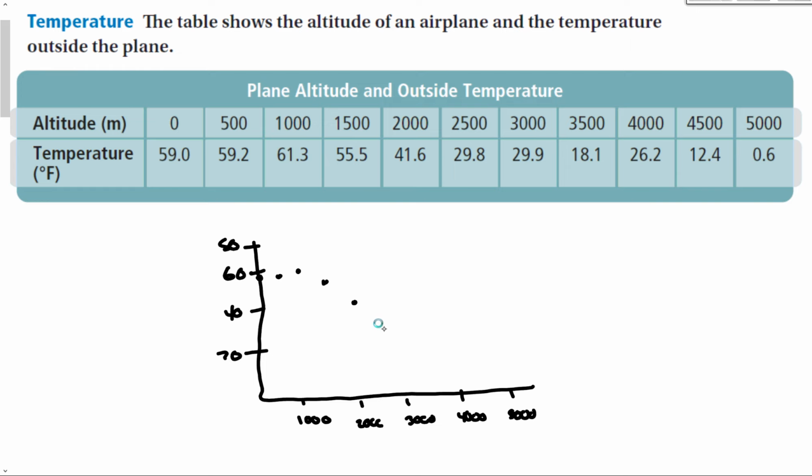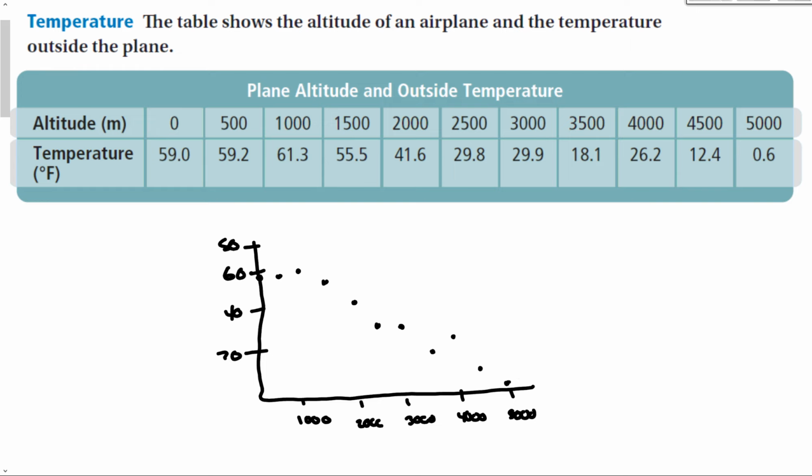That's like halfway. 3,000, we got 29.9 again. Down to 18. At 4,000 feet, we're back up to 26. At 4,500 feet, we're down to 12. And at 5,000 feet, the temperature is 0.6 degrees.